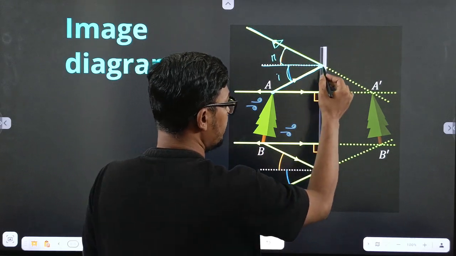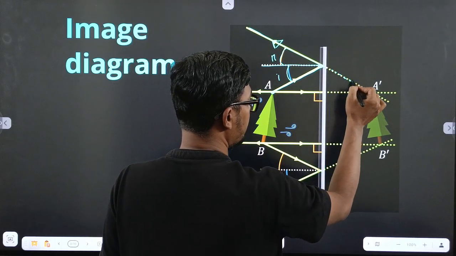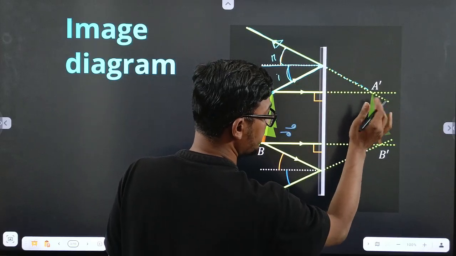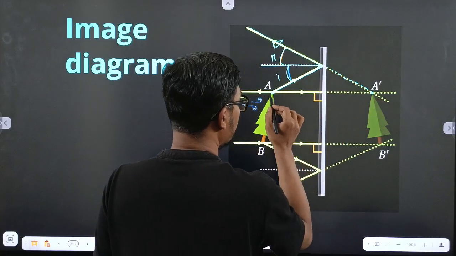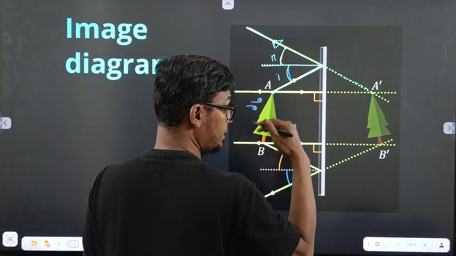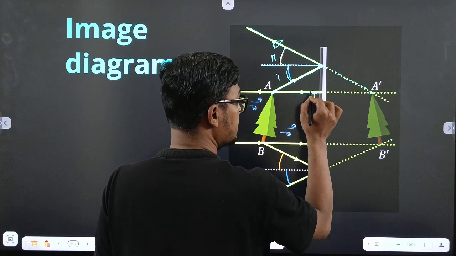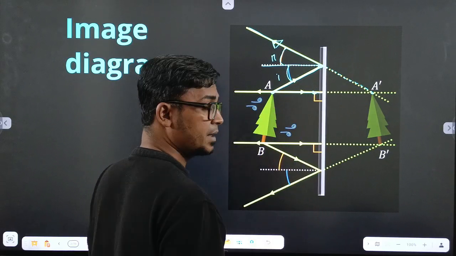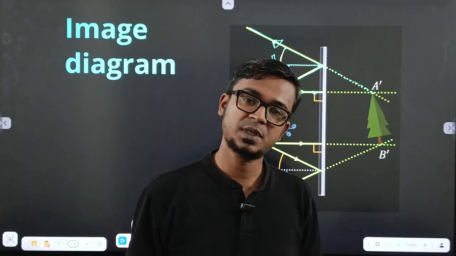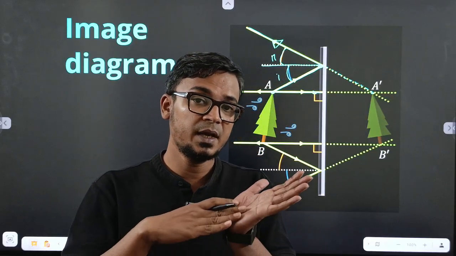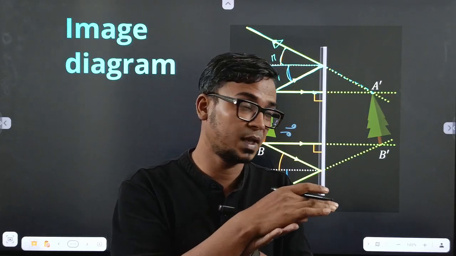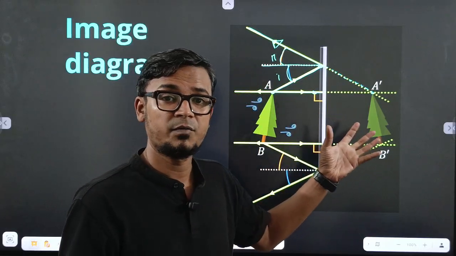If you make a dotted line just behind the mirror, and take another incident ray, suppose this is an incident ray, it will reflect back along the same path in the opposite direction because this ray is coming along the normal. This is the law of reflection.